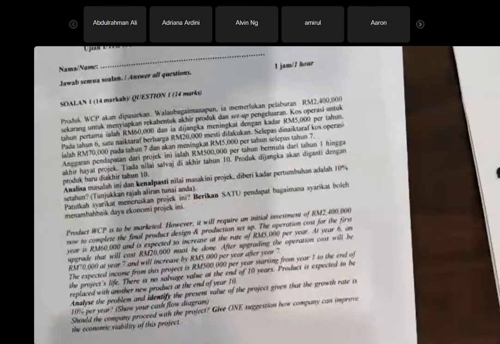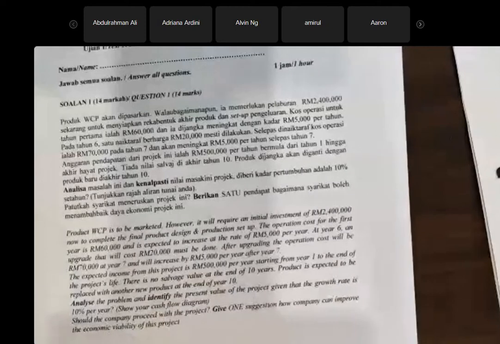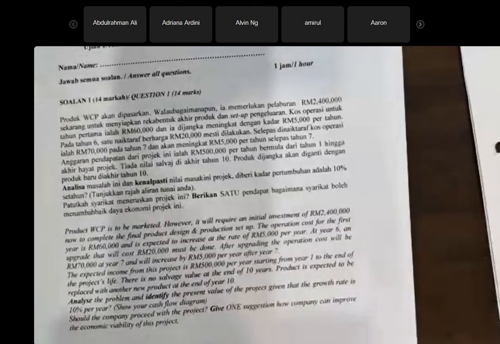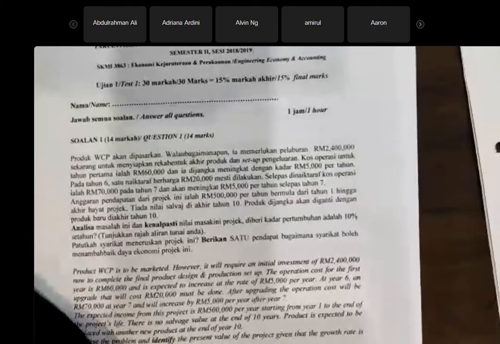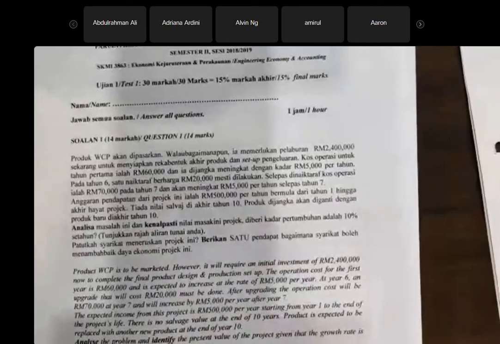Okay, now we are trying to make some exercise before we go further. We take from Test 1, this one.